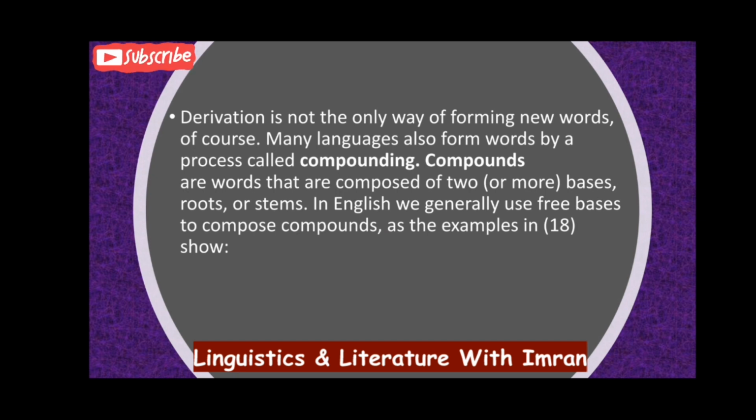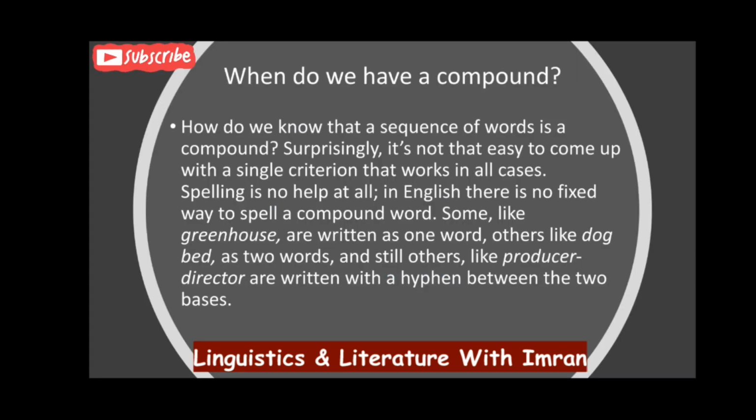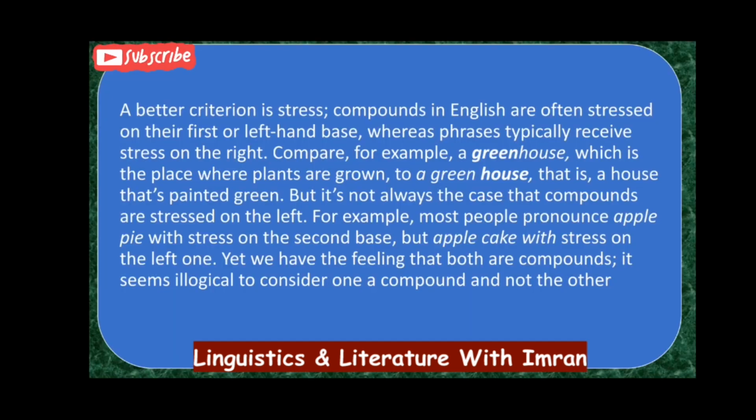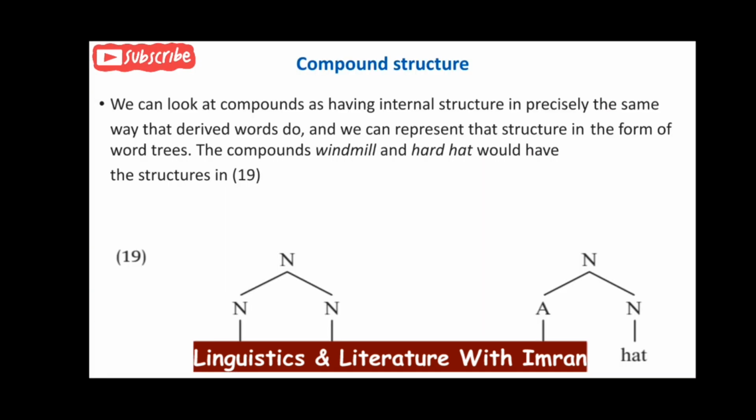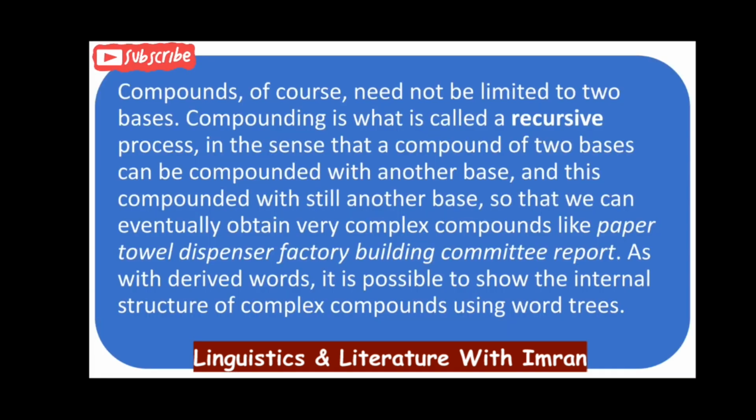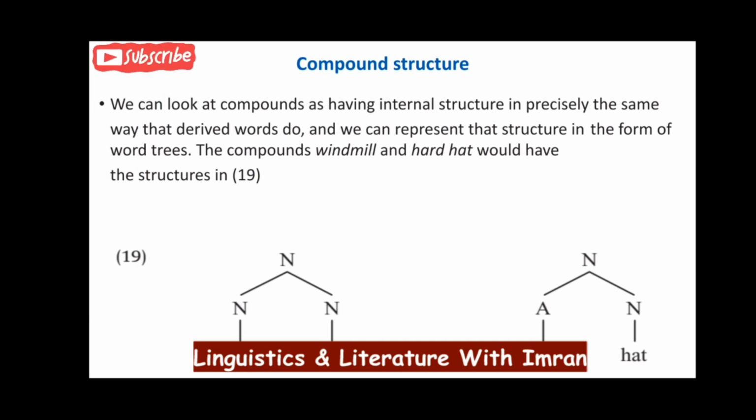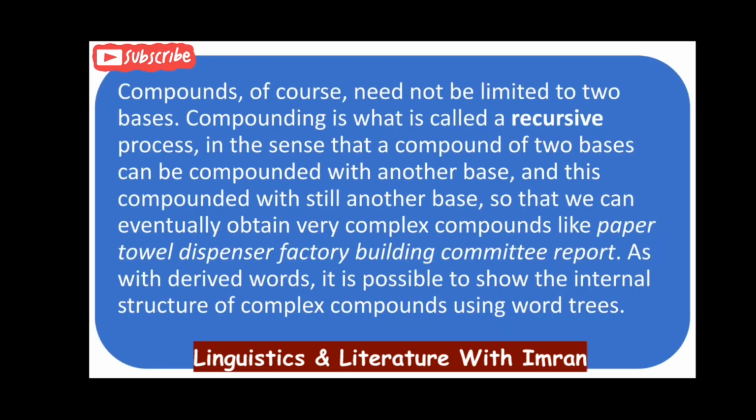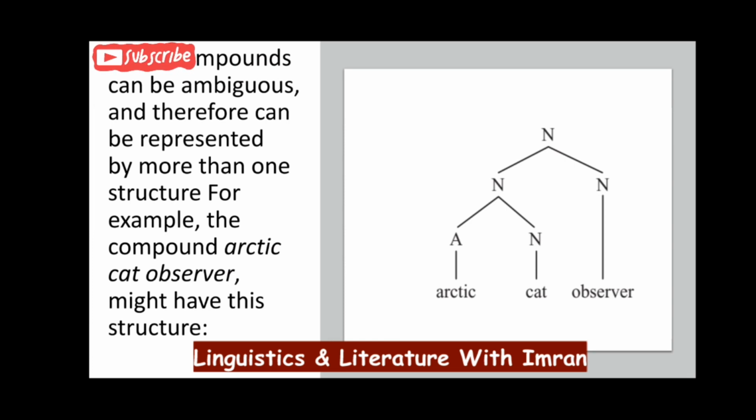We can spell a compound as one word, we can spell a compound as two words, and we can spell a compound as two words with a hyphen between them. We also discussed when we have a compound, how to identify a compound, and how to test a compound. And finally we explained compounds with the help of a tree diagram, and we discussed how sometimes a complex compound can be ambiguous.